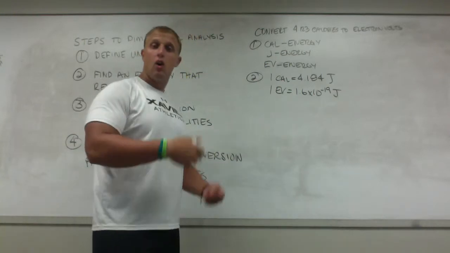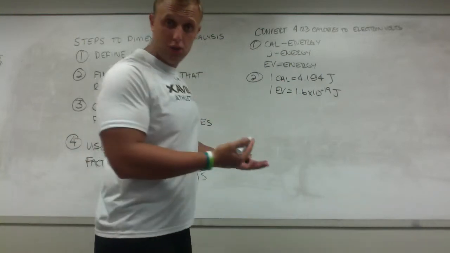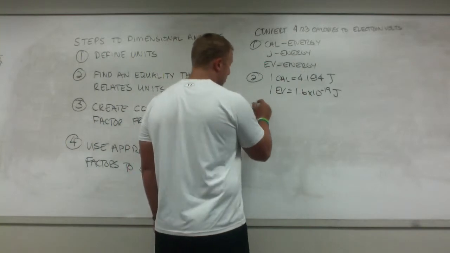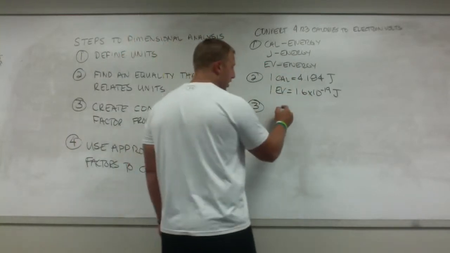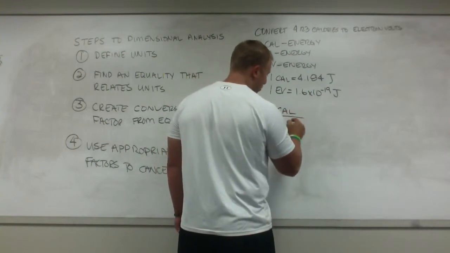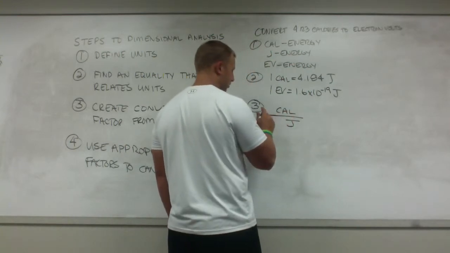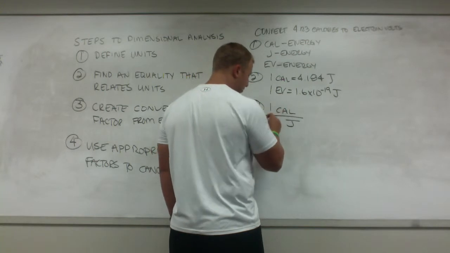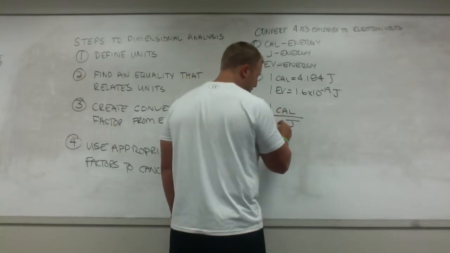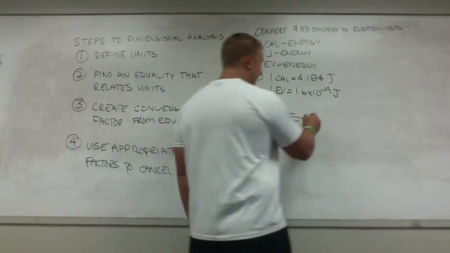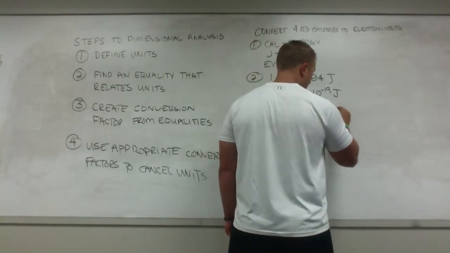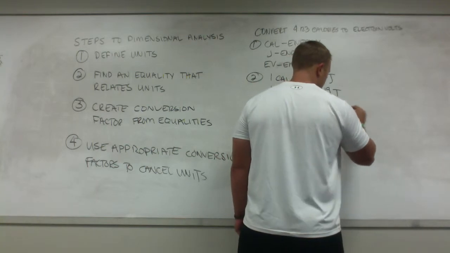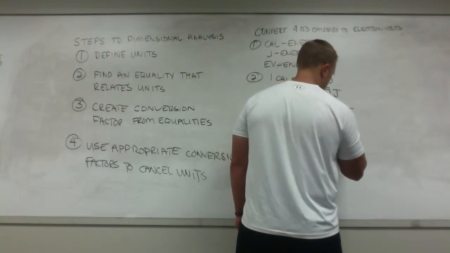Now, 3, we need to make conversion factors from those equalities. So we take those numbers and we create conversion factors. Well, I can have cal over joules: 1 cal is equal to 4.184 joules. I can also have the reverse: 4.184 joules is equal to 1 cal.